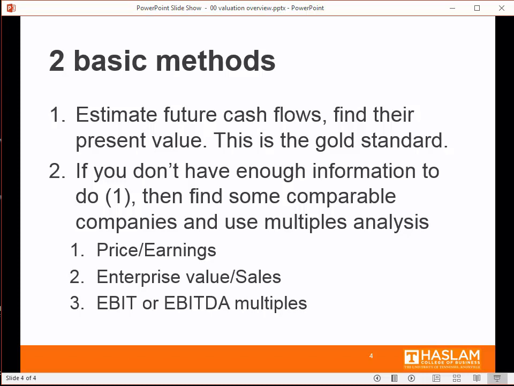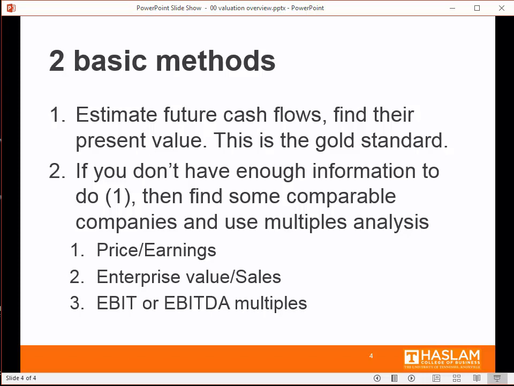Many times, however, you don't have enough information to do that, in which case you've got to rely on second or third best methods, which are basically using comparable companies and multiples analysis. And that would consist of finding companies that look like the company you're analyzing, and then for those similar companies, calculating price to earnings ratios, enterprise value to sales ratios, other types of ratios as well.